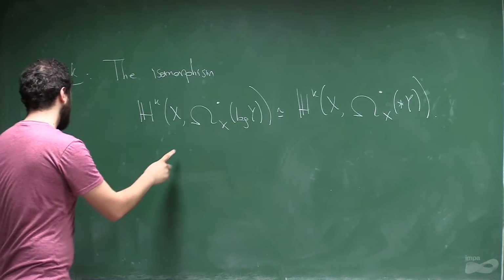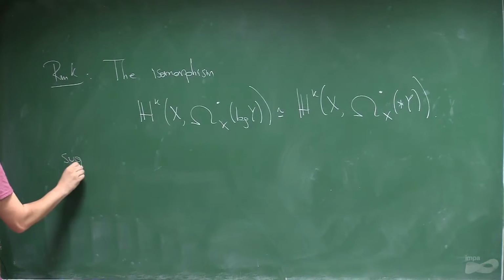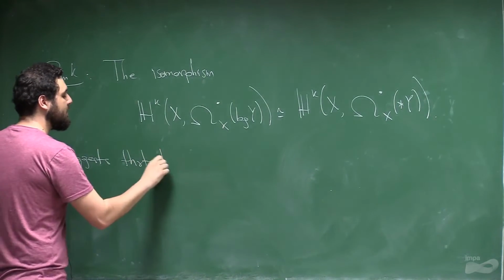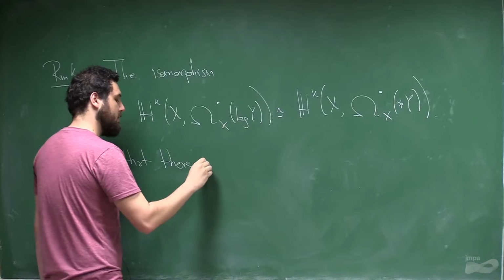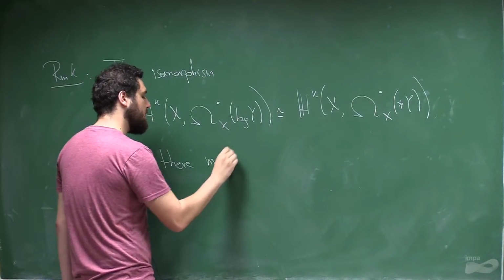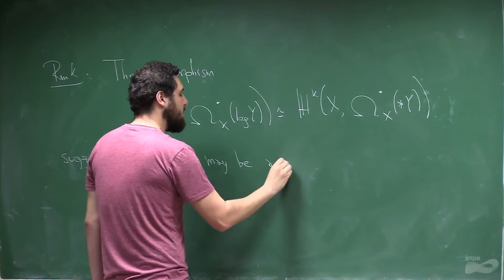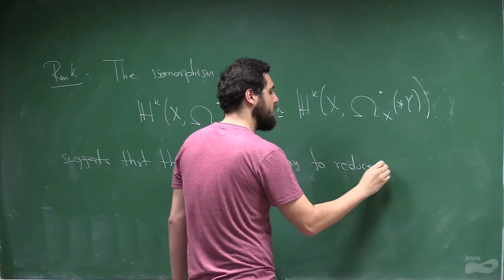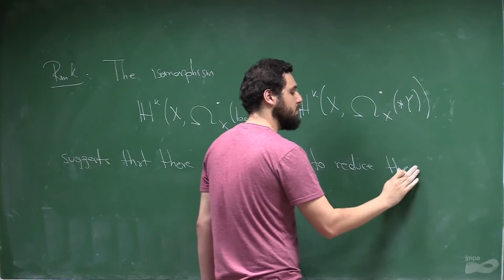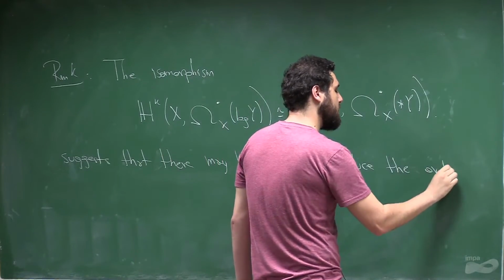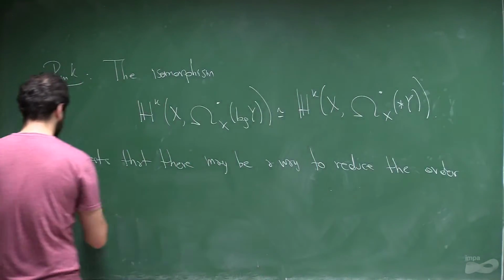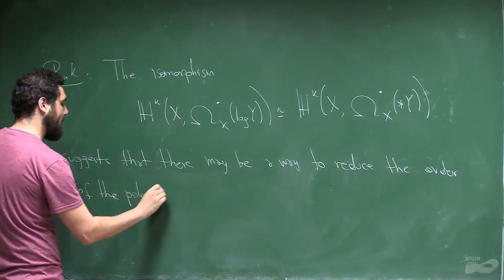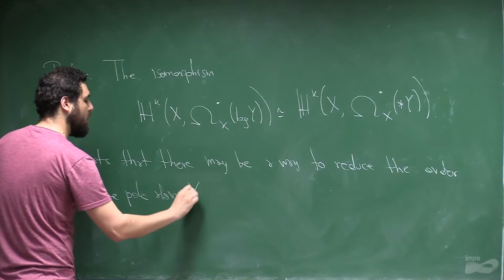So it suggests that there might be a way to reduce the order of the pole along Y in hypercohomology.